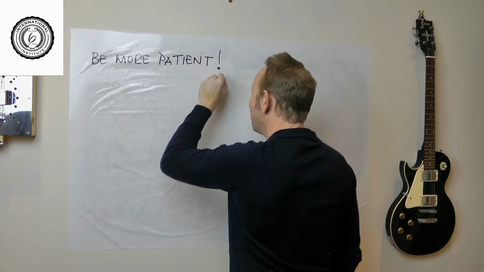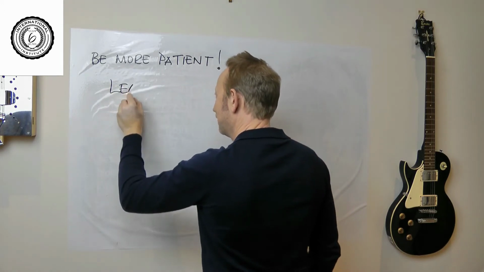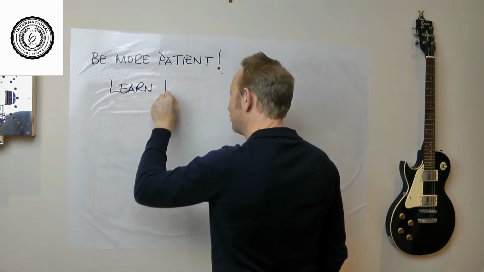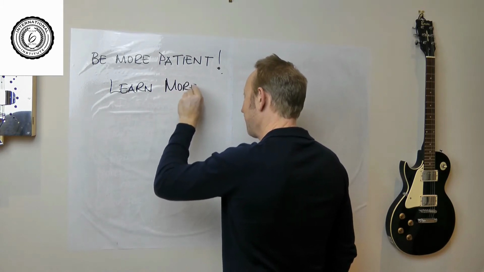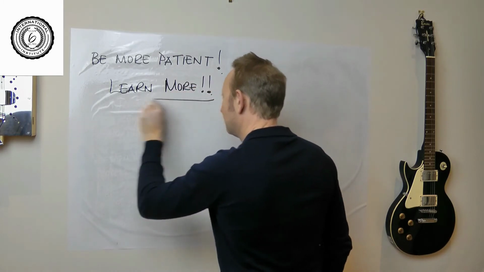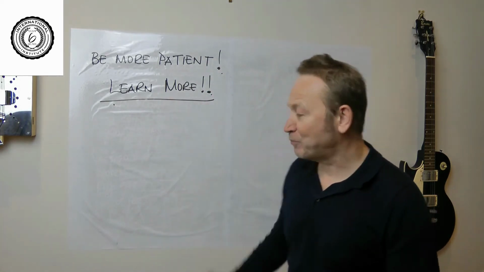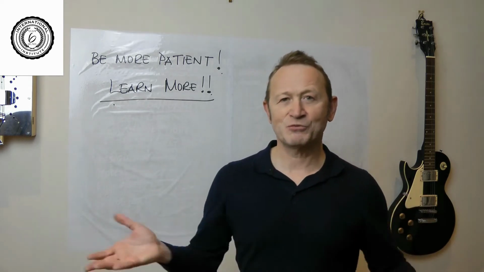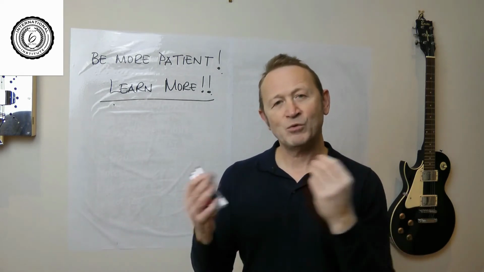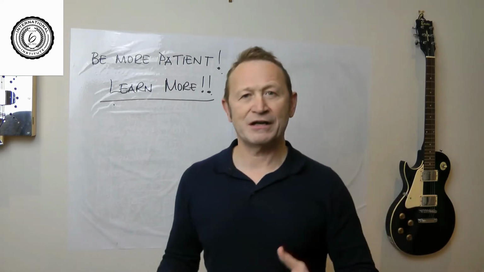Be more patient. If you do this with your processes, what you will learn will be fantastic. Okay, so be more patient. So where does this newsletter start? Well, we're going to start with the idea of having a good sample size.